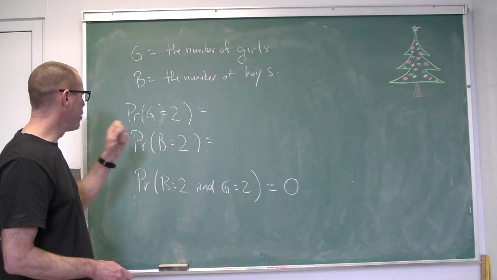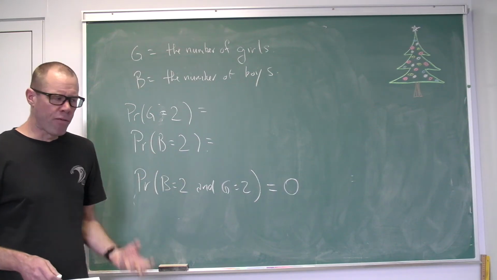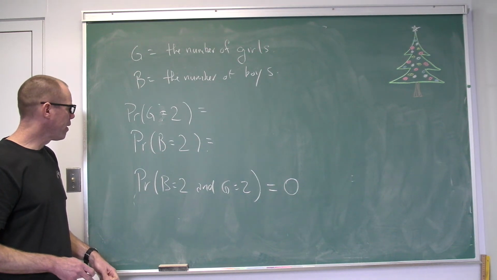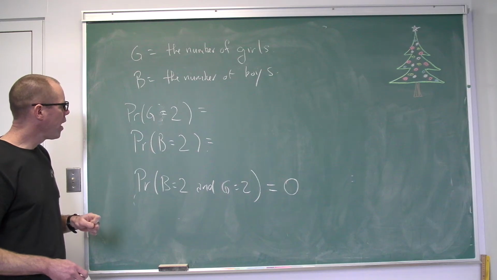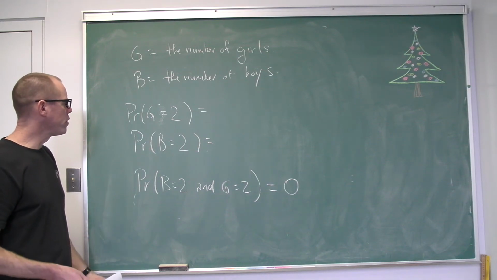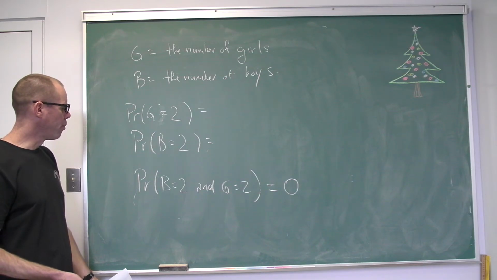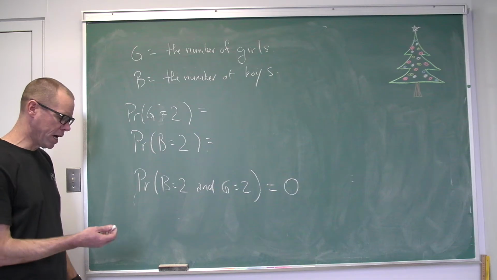So either G equals 2 or B equals 2, both of them never happen. That's what we decided here. These are really complementary events, and there's complete symmetry. There's no difference between boys and girls. Each one happens with the same probability, and the rules are symmetric. You stop as soon as you have 2 of the same sex.